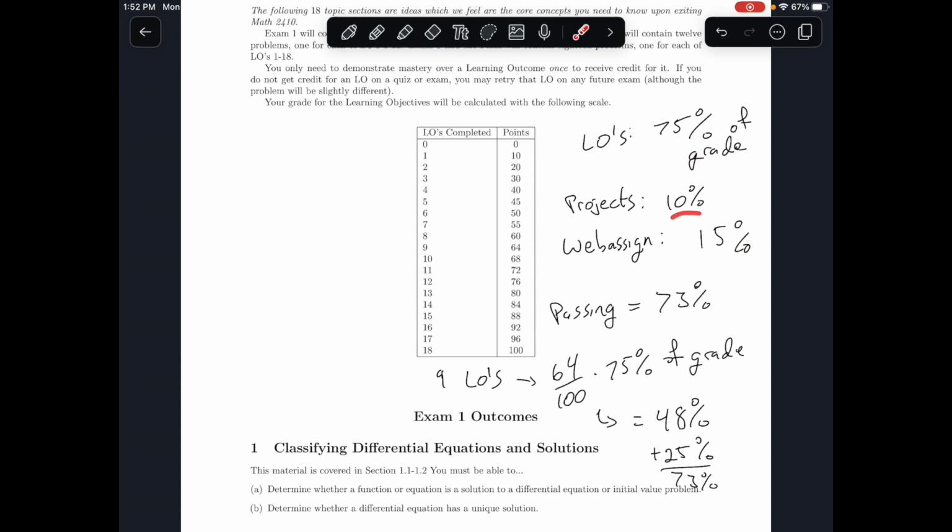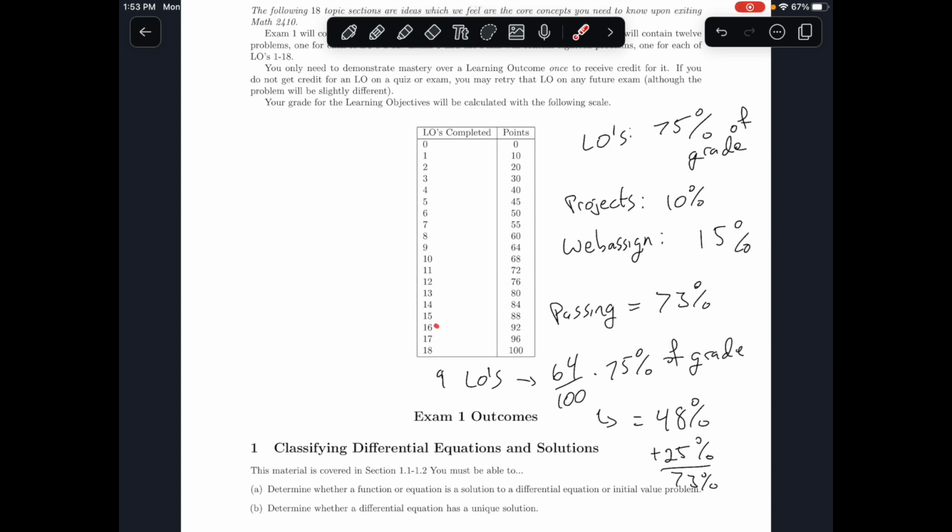And so you can figure this out based off of this chart and what grade that you want. Just assume that if you're on pace for like a 21% from the projects and WebAssign, then you would probably want to get 1 more learning outcome in order to pass, so 10 learning outcomes. If you're on pace for a 25% and you're just shooting for an A in the course, then you can do a similar computation to see how many of these learning outcomes you need to get in order to get an A, which would be like a 93%.